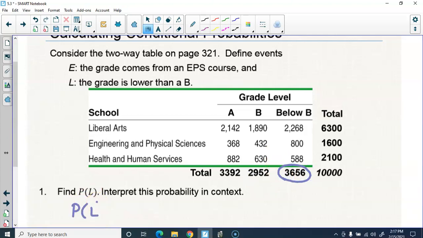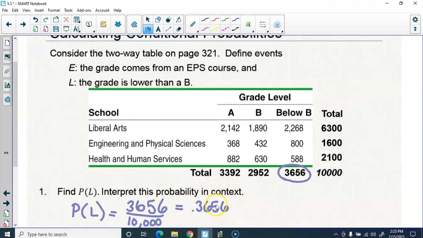The probability of L is that number, and then we divide that by the total, which is 10,000. As a decimal, that is 0.3656.